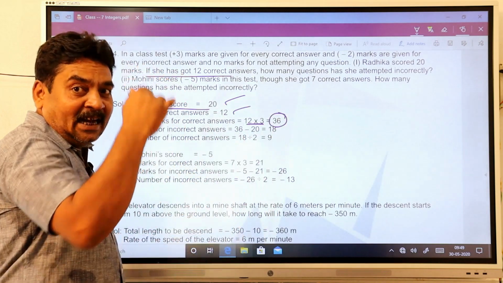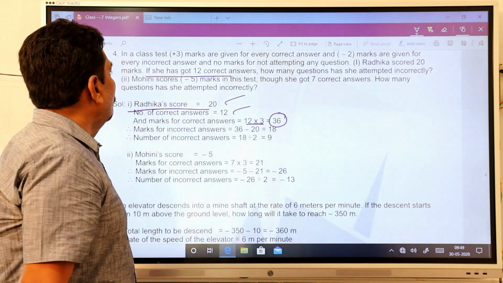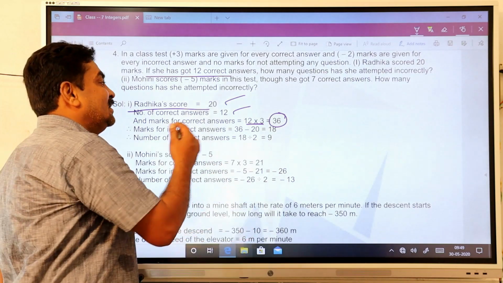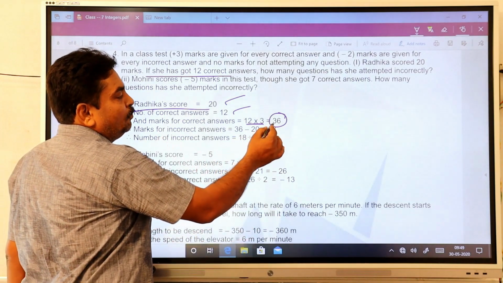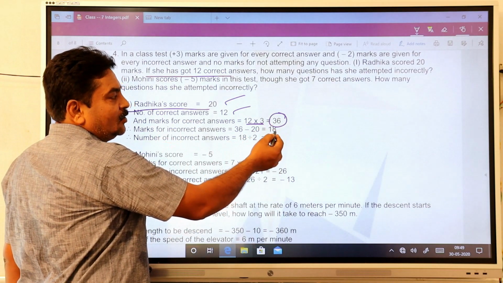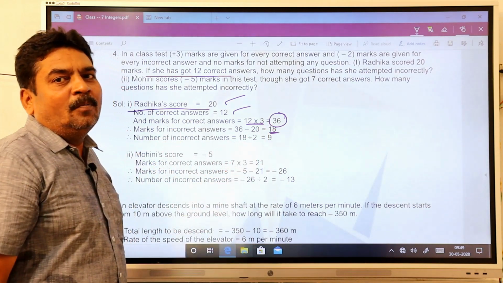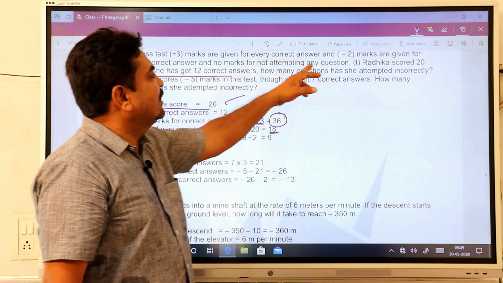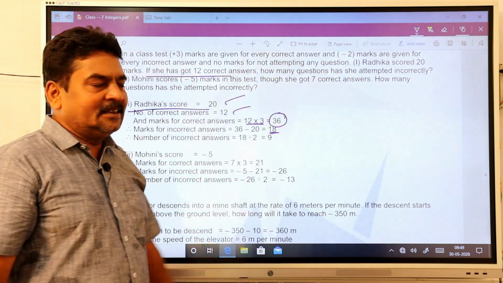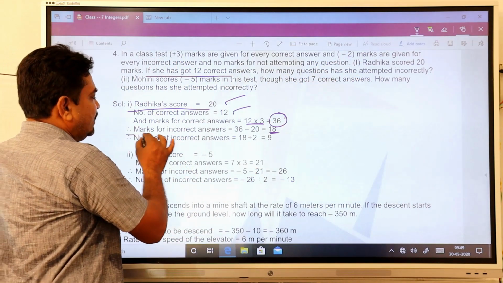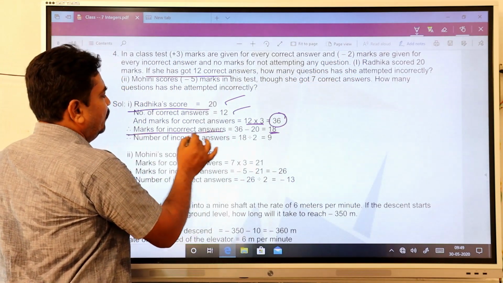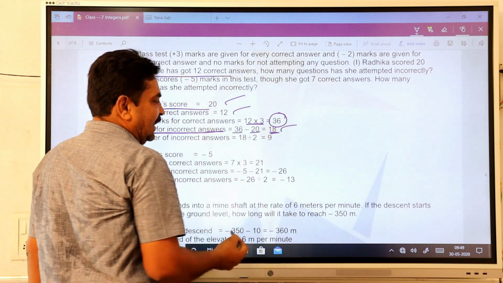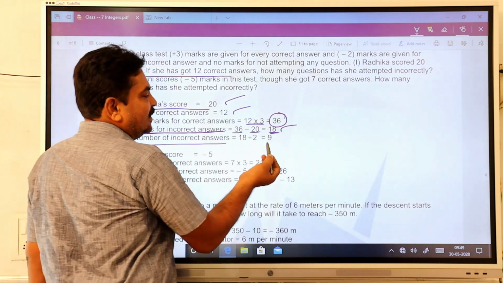But the actual grand total score is only 20. So 18 you have to subtract. So how many questions did she do wrong? Each wrong question is minus 2, so 9 questions. The marks of incorrect answers are 36 minus 20, that is 18.